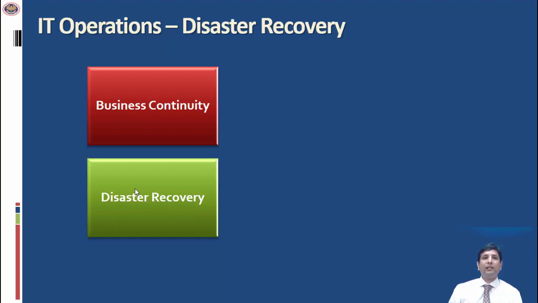That recovery from a disaster and to get back to normalcy is the process of planning a disaster recovery. It is also called a disaster recovery plan. So it is an action which will be taken subsequent to the business continuity plan.